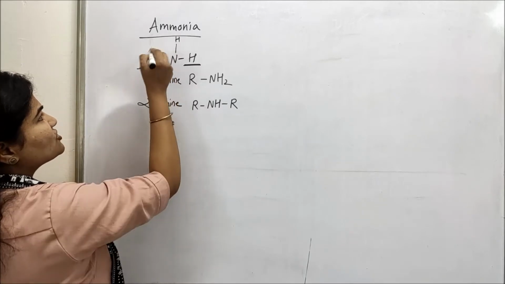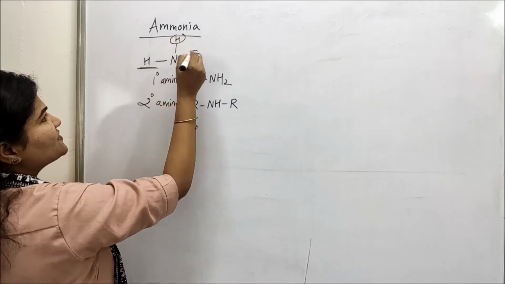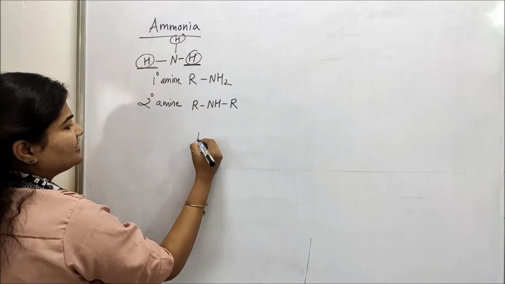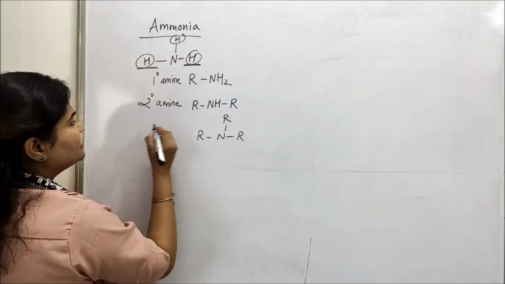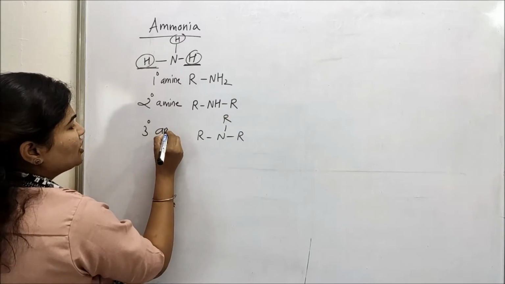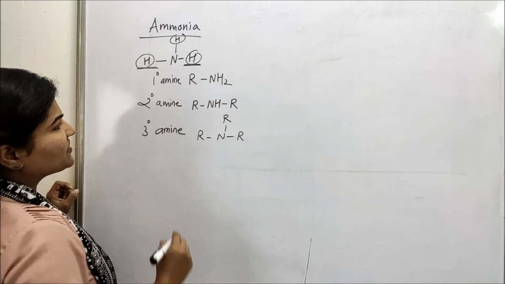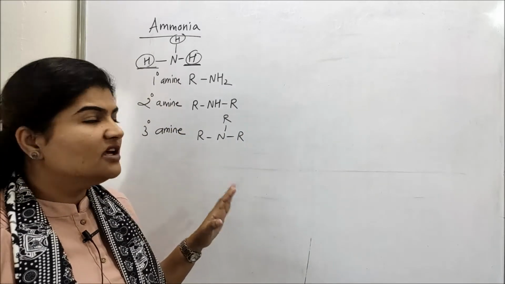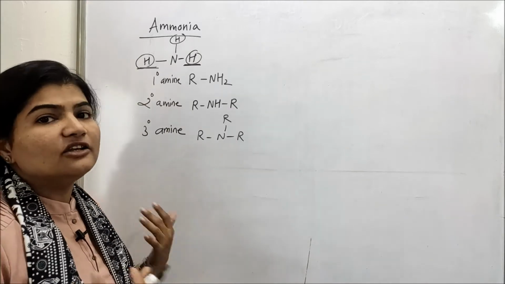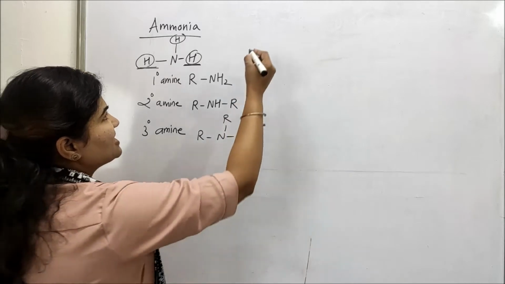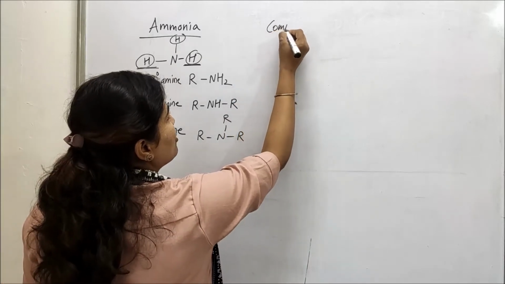And if I replace all three hydrogens from ammonia, then I get R3N, which is referred to as a tertiary amine. So now as we know how these amines are formed, look at the structure, and now we are going to learn their nomenclature. So let me start with the common names of amine.